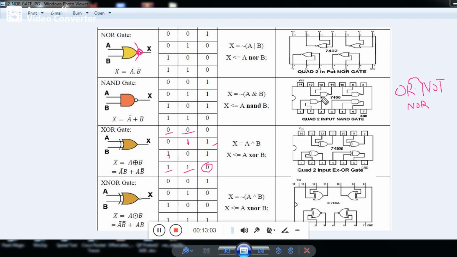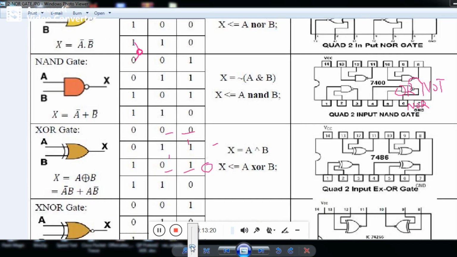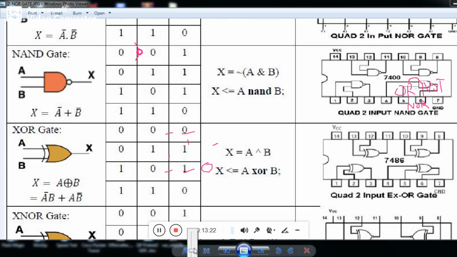But from the lab point of view, you have to remember which is the input pin and which is the output pin. For example, let me zoom this one, and you can see here.